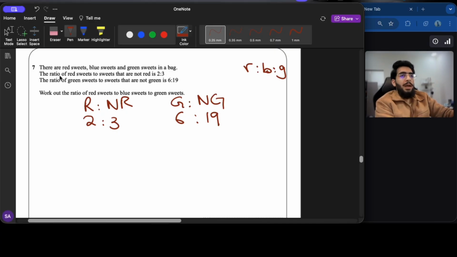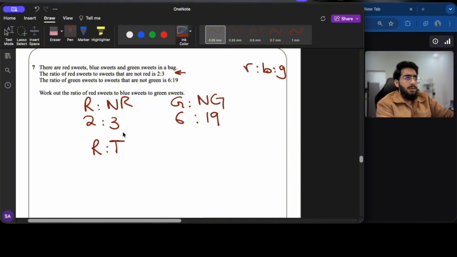According to the first statement, can I write red ratio total number of sweets is 2 ratio 2 plus 3, because according to the first statement total is 5. Same thing let's do for the second statement as well. We know green ratio not green, but I introduce the same variable total: green 6 ratio the total 19 plus 6, 25.